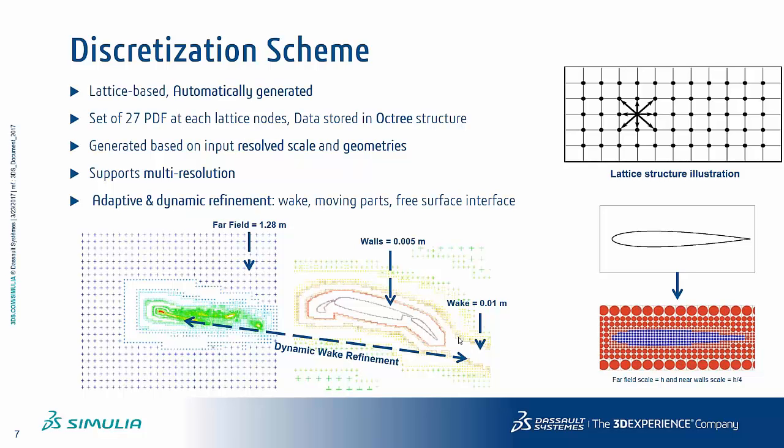You can also refine the wake dynamically, for example with 1 centimeter wake refinement, and that's the way it works. So you can see we've got support for multi-resolution. You can discretize geometries with no troubles. It's usually very tolerant to the geometries as well.